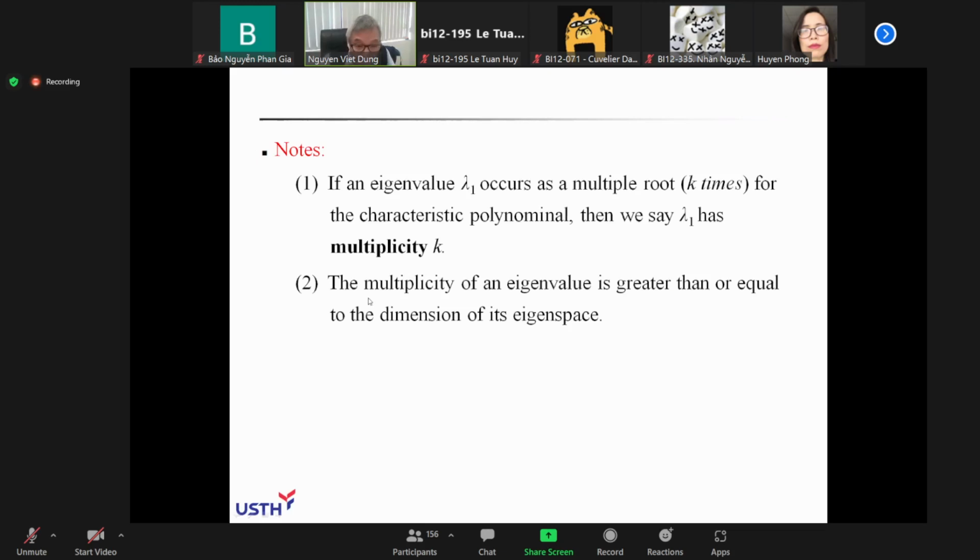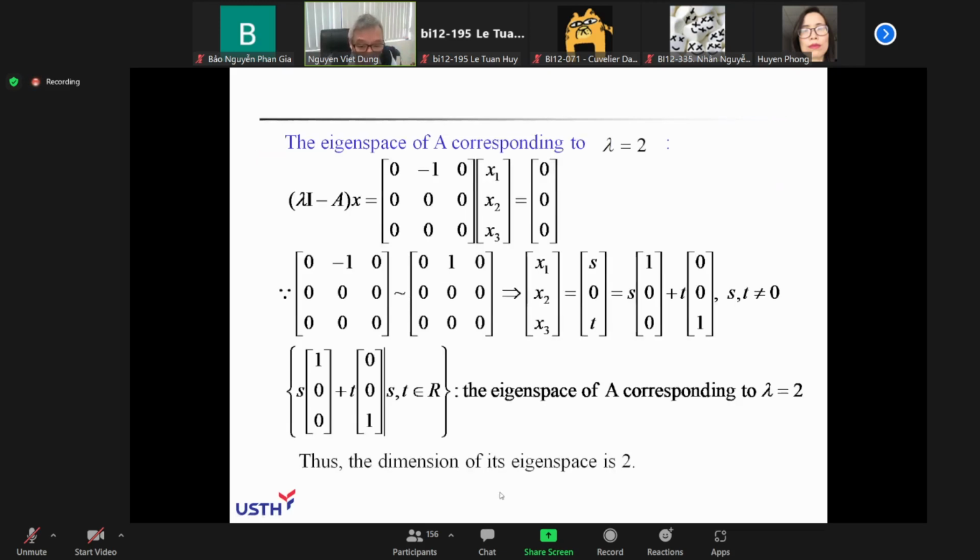And we can see it from the previous example. Here we know already that the eigenvalue lambda has multiplicity 3. Lambda bằng 2 có bội 3. However, the eigenspace of A has dimension 2. It means that the multiplicity of lambda is bigger than the dimension of the eigenspace.